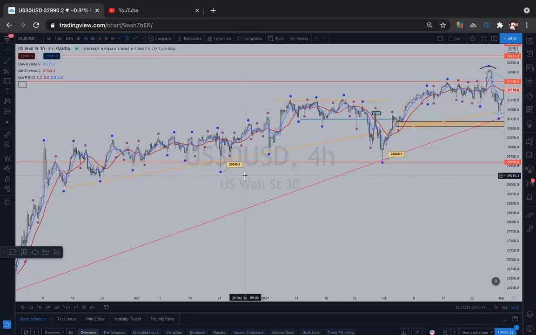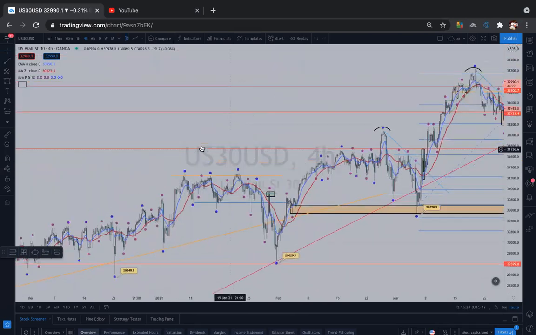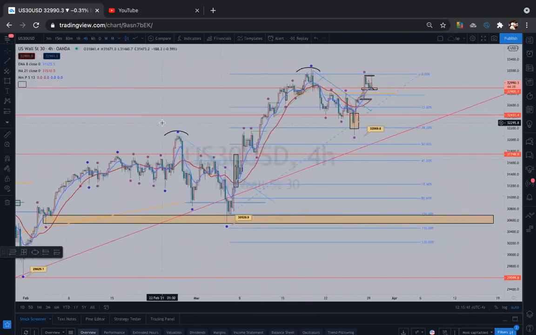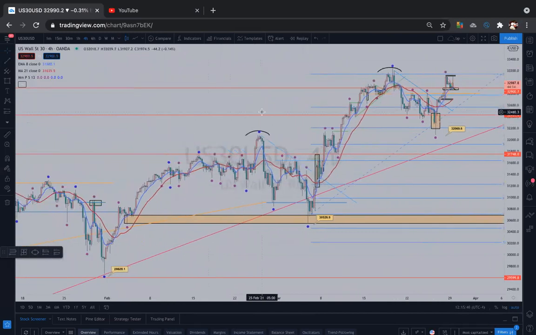It's the same kind of index, so it ain't nothing too crazy. Just gotta be patient, know what you're doing, stick to what you know, and keep a stop loss in there for sure.